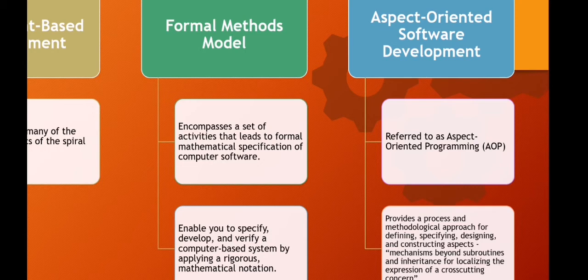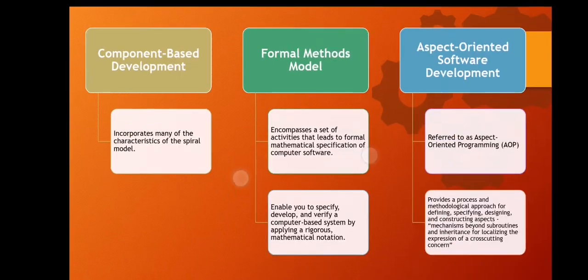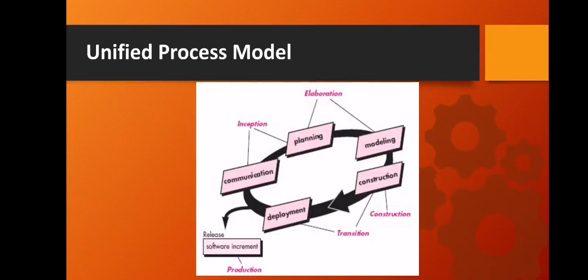The AOP provides a process and methodological approach for defining, specifying, designing, and constructing aspects, mechanisms beyond subroutines and inheritance for localizing the expression of a cross-cutting concern. So that is aspect-oriented software development.